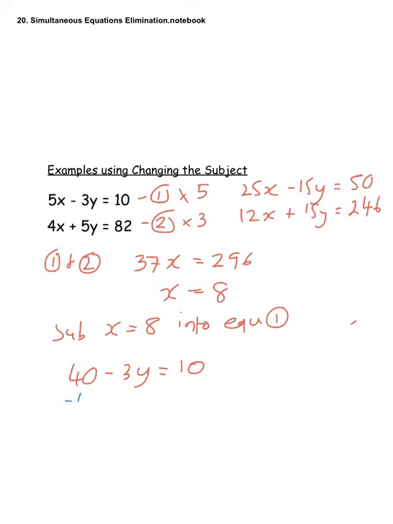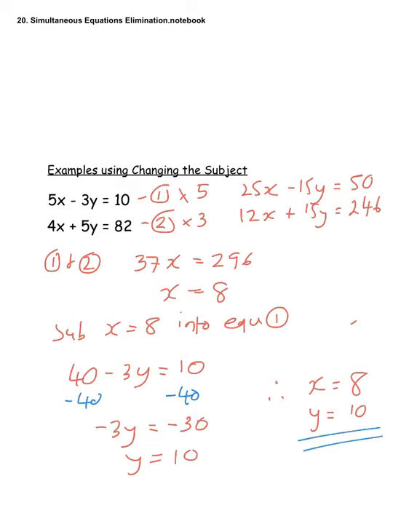If we subtract 40 from both sides, we get that minus 3y is equal to minus 30. And if we divide through by minus 3, we get that y is equal to 10. Therefore, x is equal to 8 and y is equal to 10 is our final answer for this simultaneous equation.